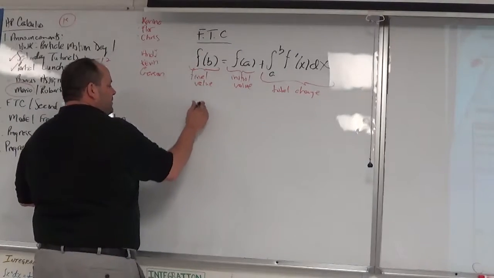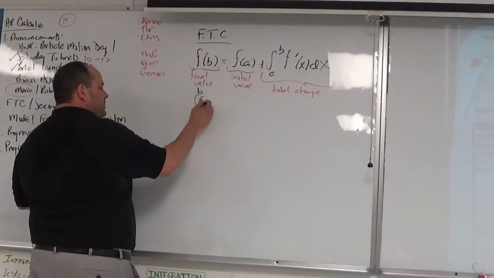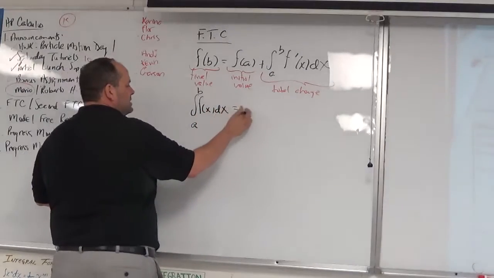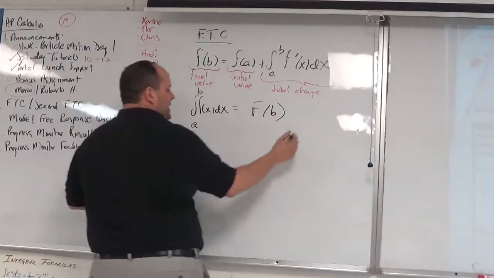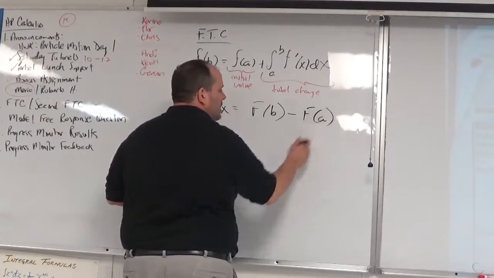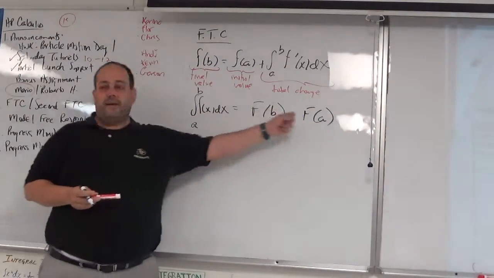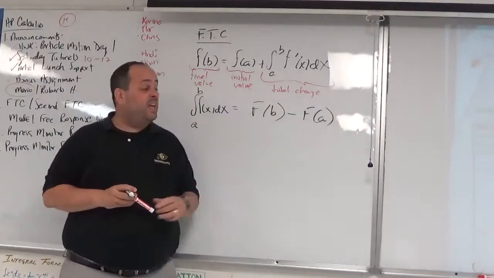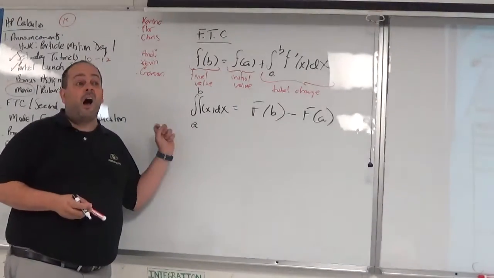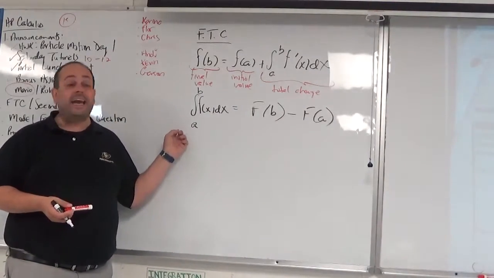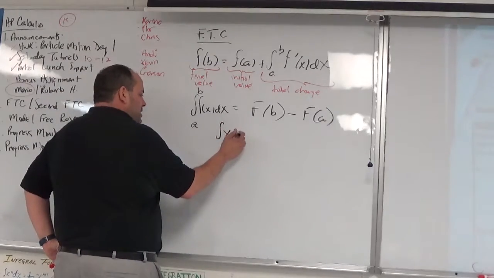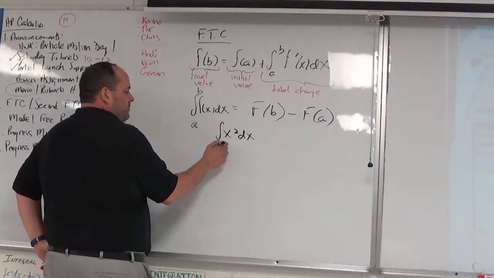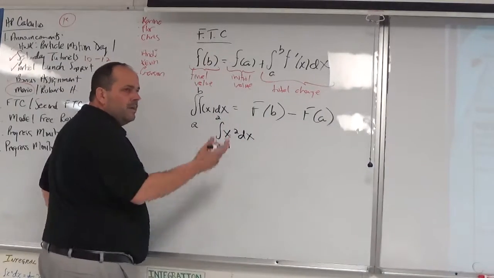Now, there's another version that says the integral from a to b of f of x dx involves finding the antiderivative, evaluating at the top endpoint, minus the antiderivative evaluated at the bottom endpoint. You know when we do this? All the time. When you're doing a definite integral problem, and I say, hey, go find the integral of x squared from 0 to 2, what do you do?